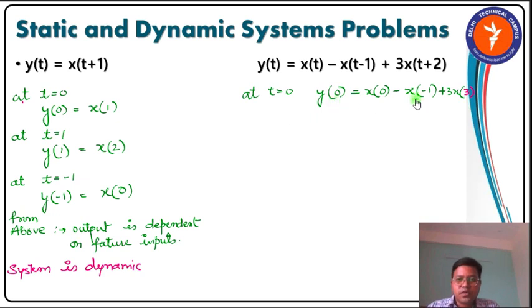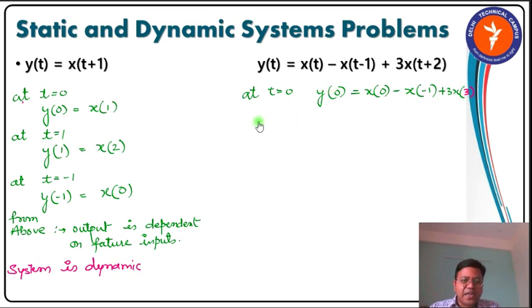So this equation is saying that output is dependent on present input, past input and future input. So this one equation, or one time instant, is sufficiently indicating the dependence of output on the present input, past input and future inputs.